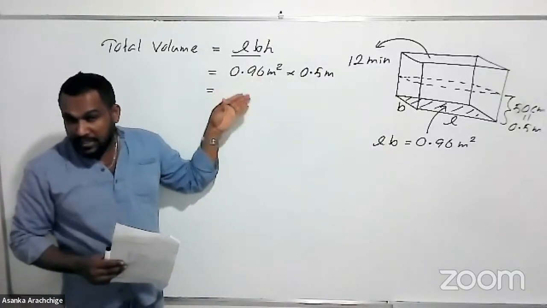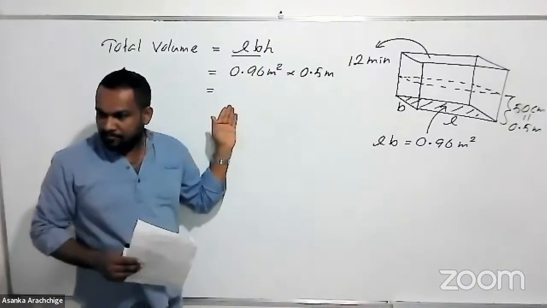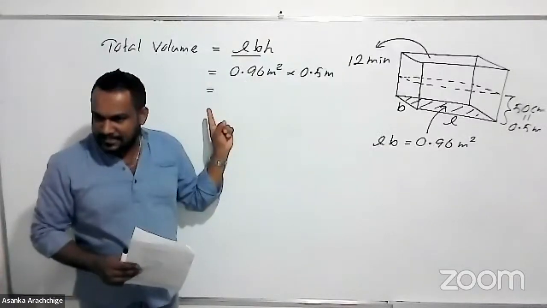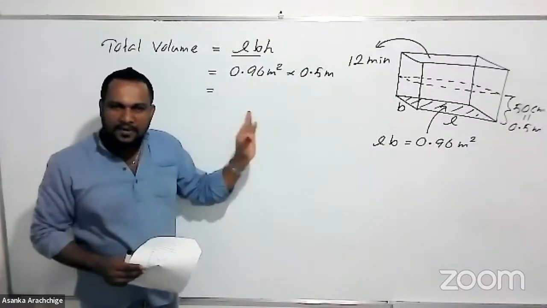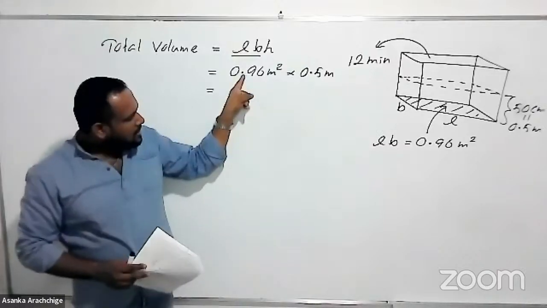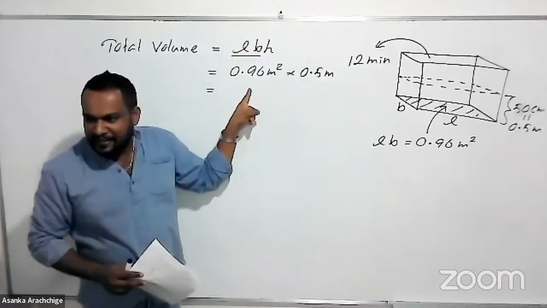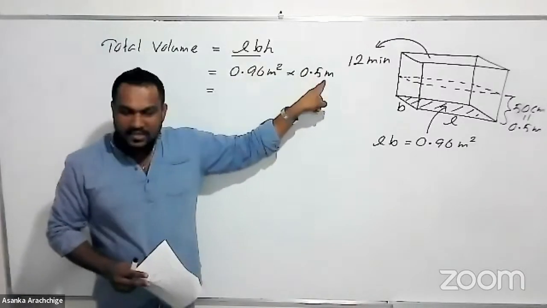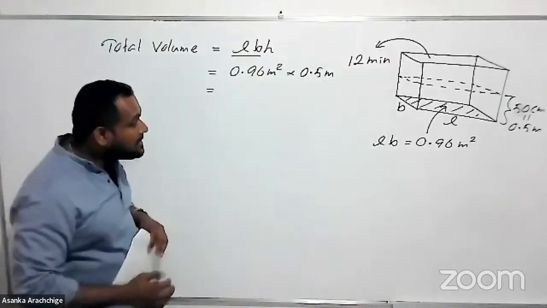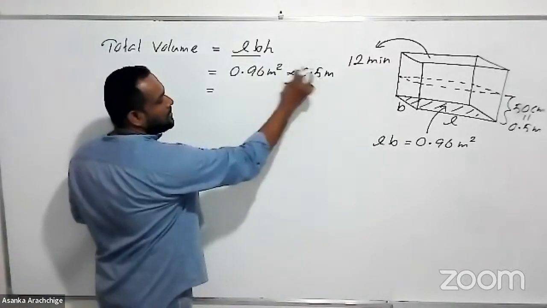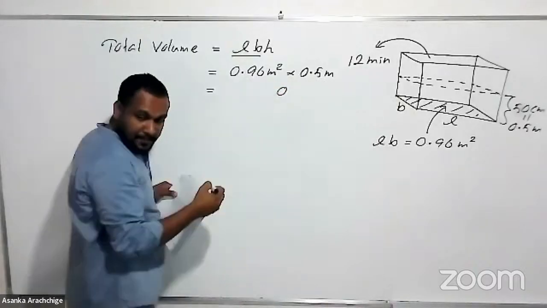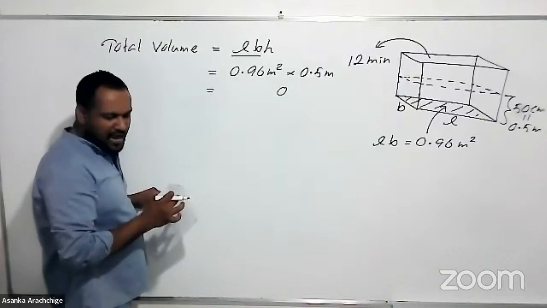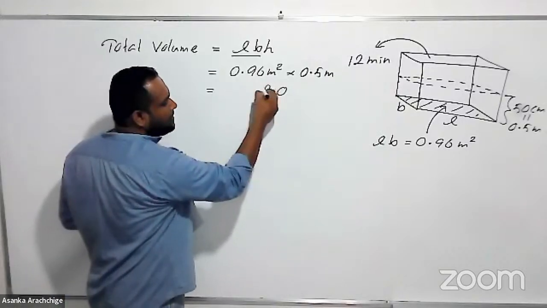When we multiply decimals, for a moment, we forget the decimal places. If the decimal points are not here, the two numbers are 96 and 5. Then multiply 96 by 5. 5 times 6, 30, 3 remaining. 5 times 9, 45 plus 3, 48.